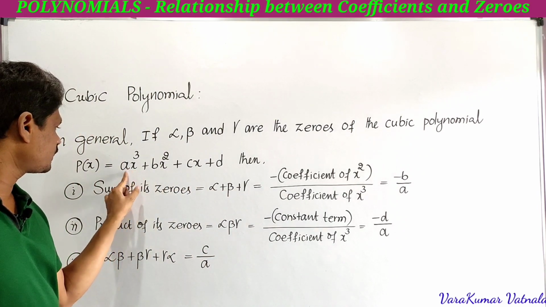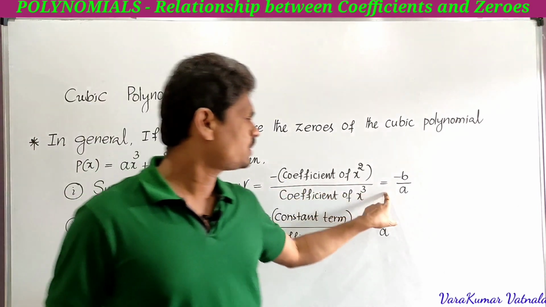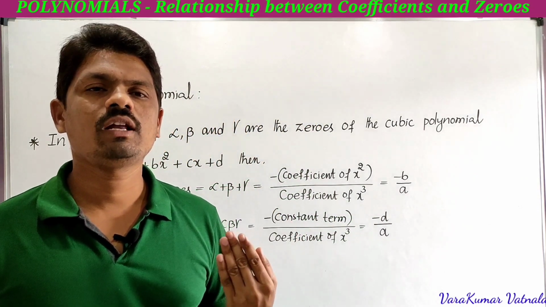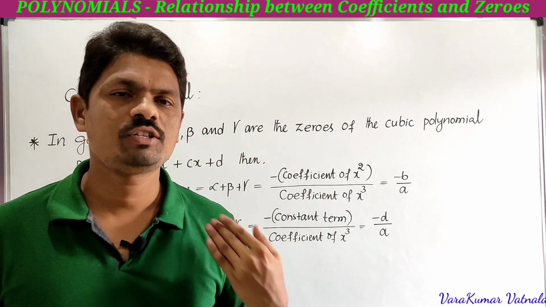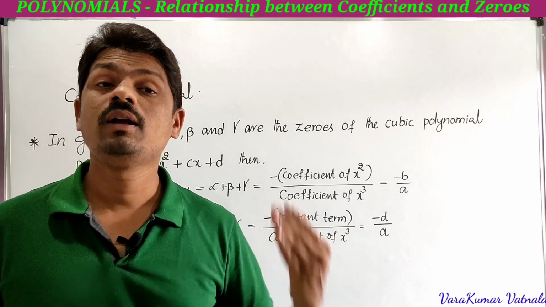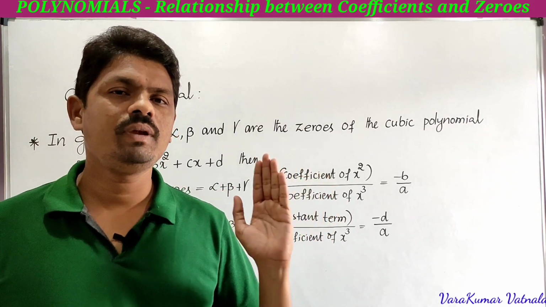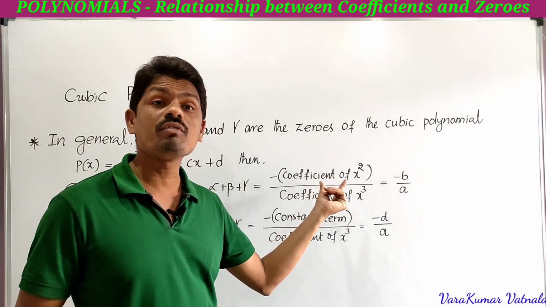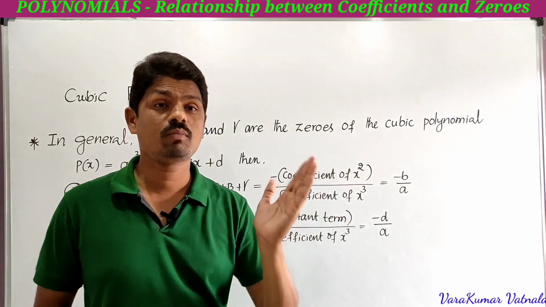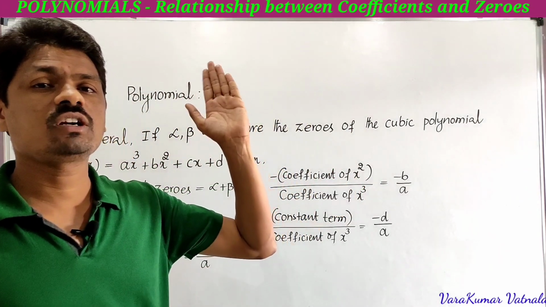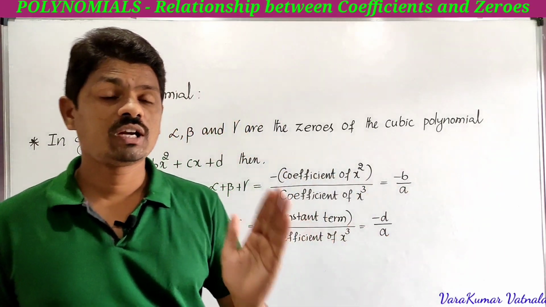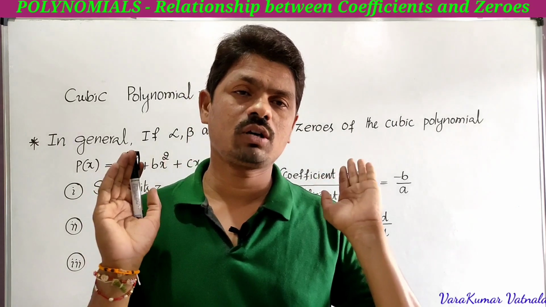Here the coefficient of x square is b, and the coefficient of x cube is a, so it is minus b by a. In the quadratic polynomial also the sum of the zeros alpha plus beta is equal to minus b by a, but there b is the coefficient of x, while here b is the coefficient of x square. There a is the coefficient of x square, but here a is the coefficient of x cube. So remember the difference, don't confuse.